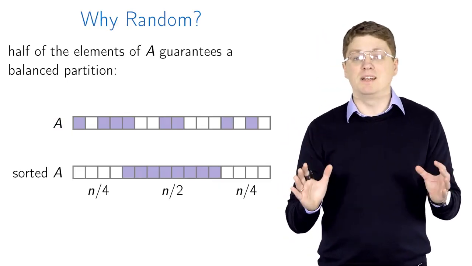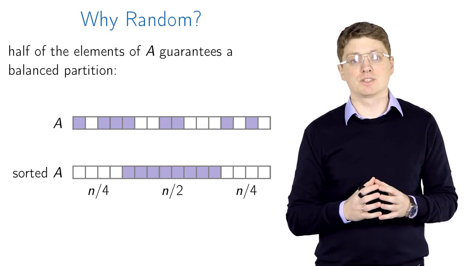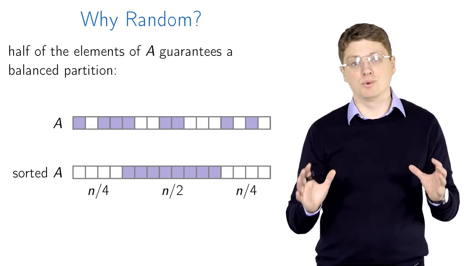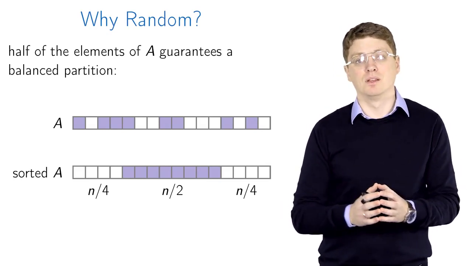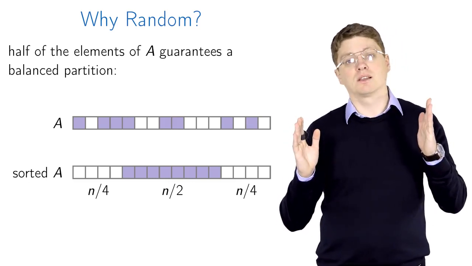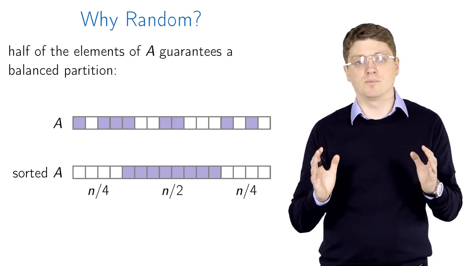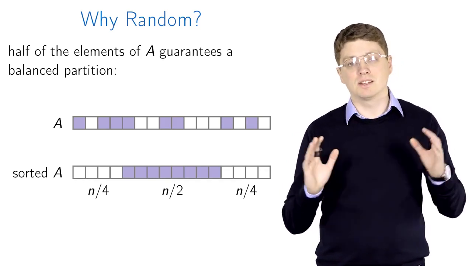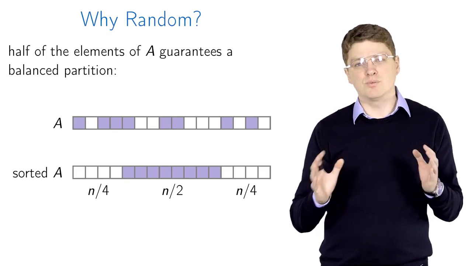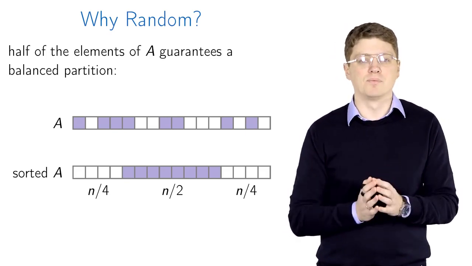Let me explain intuitively why selecting a random pivot is going to help us prove a good upper bound on the running time of the quicksort algorithm. For this, consider our array A that we're going to partition with respect to a random pivot, and consider its sorted version. Assume for the moment that all the elements inside our array are different.